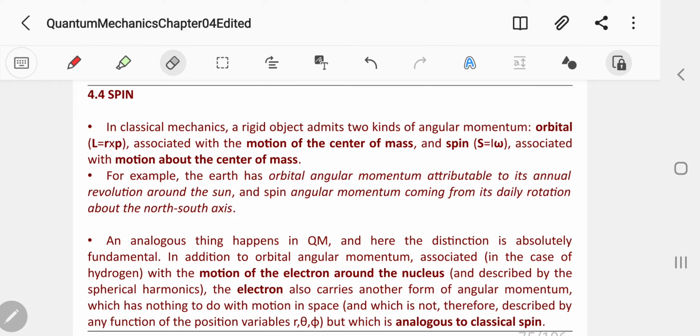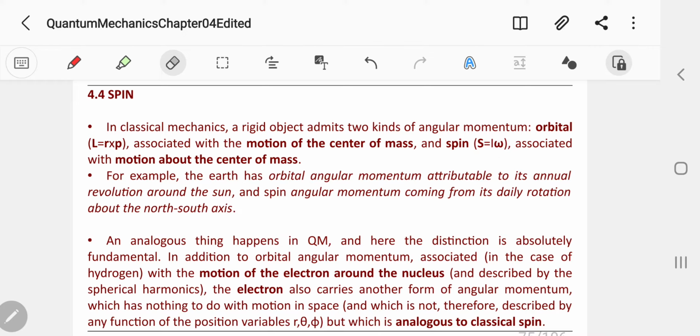So that's the spin. In classical mechanics, the spin is, if you know what a top is, when you let the top spin, it just revolves by itself with an axis on its body.